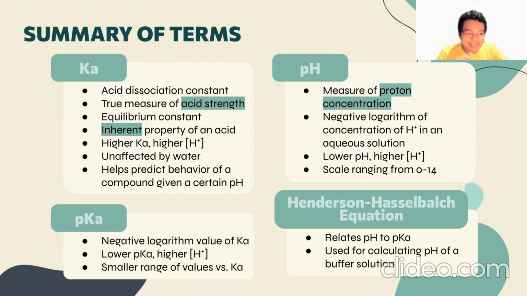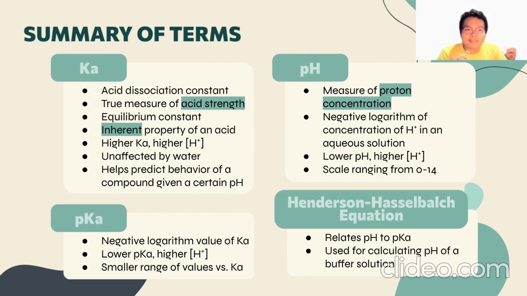So the reason why the Ka and pKa values are considered the better measure of acid strength is because, again, they are unaffected by the addition of water as compared to the pH, which is dependent on the concentration of H+ in the solution. And the concentration is given by moles over liters.